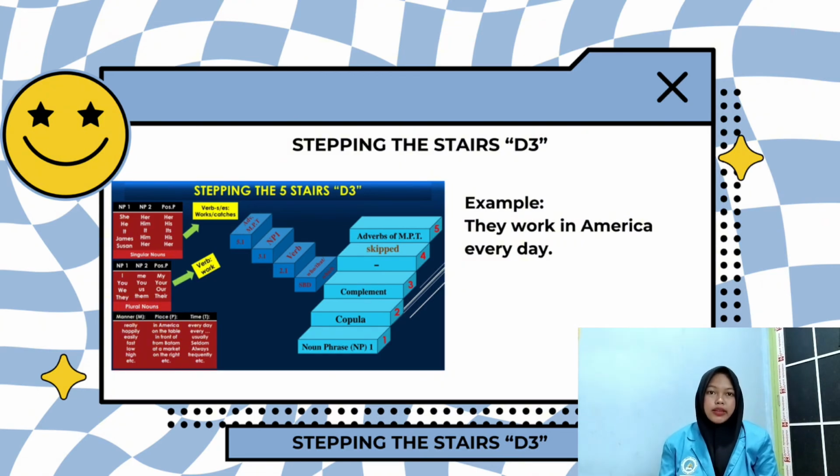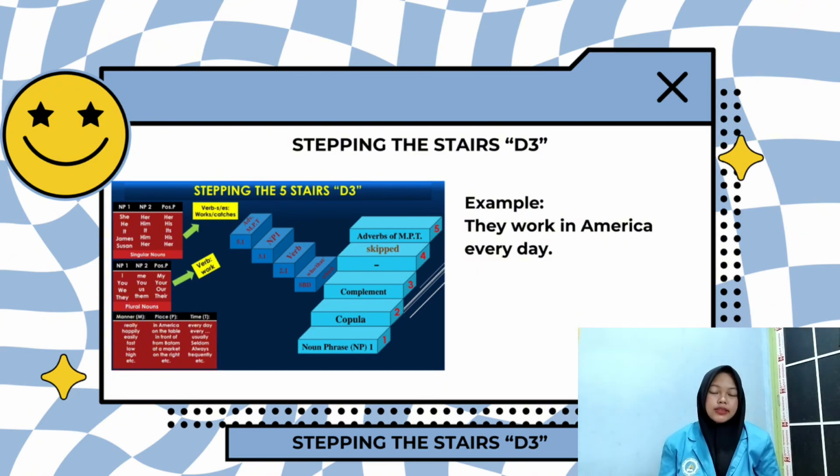Three is complement, this tells us more about the subject. For example, our new English teacher. Four is skip again, this step is optional, and then the last is adverb of MPT, or manner, place, or time. For example, in our department.